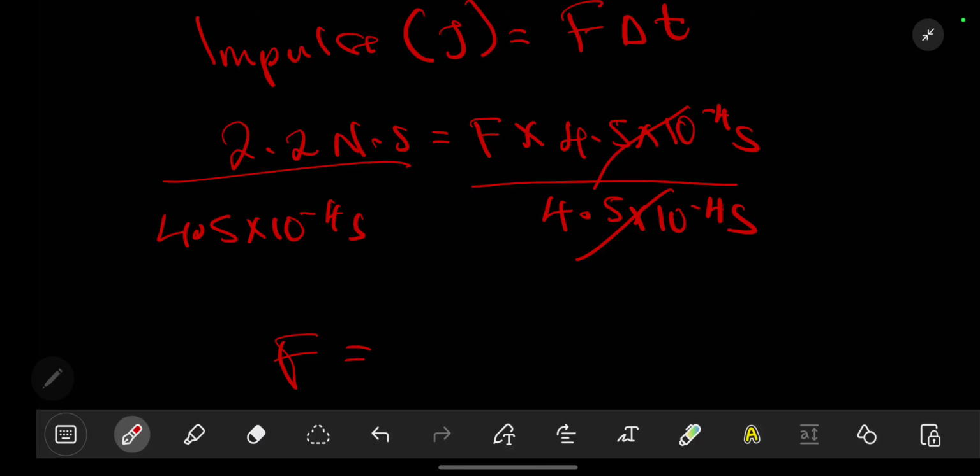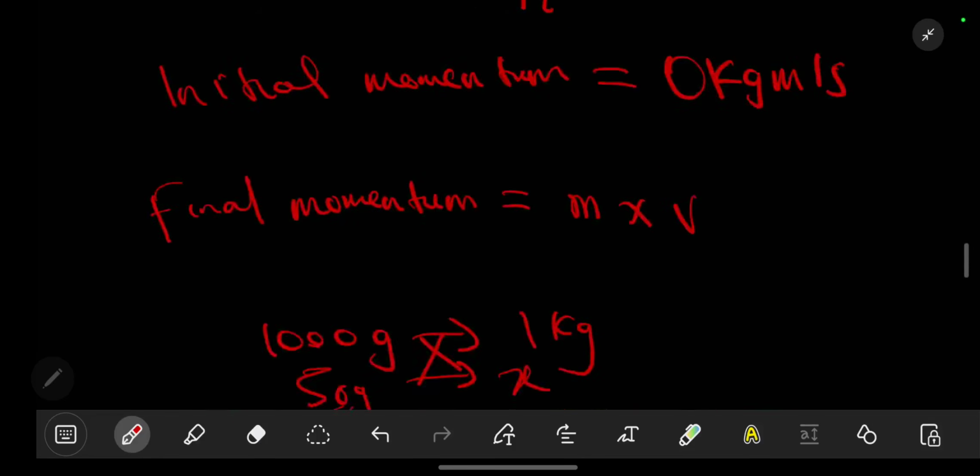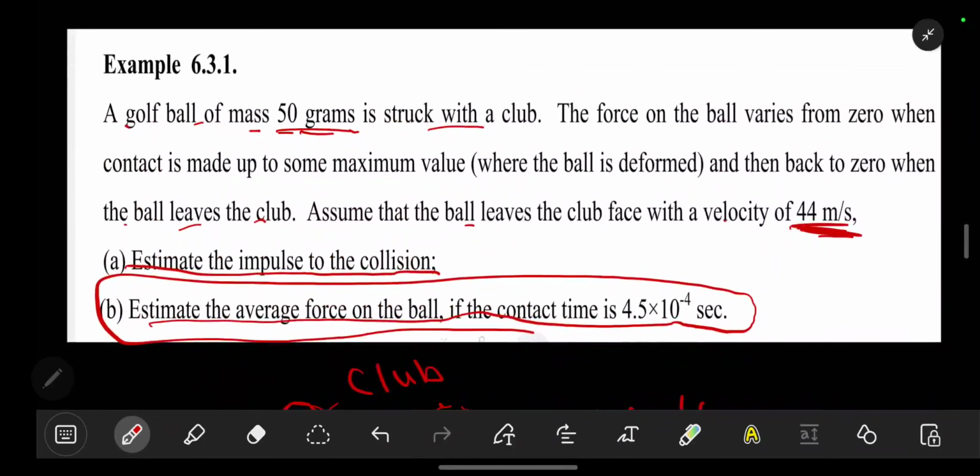This is going to give us 4,888.9 newtons. So this is the force. This is the average force.